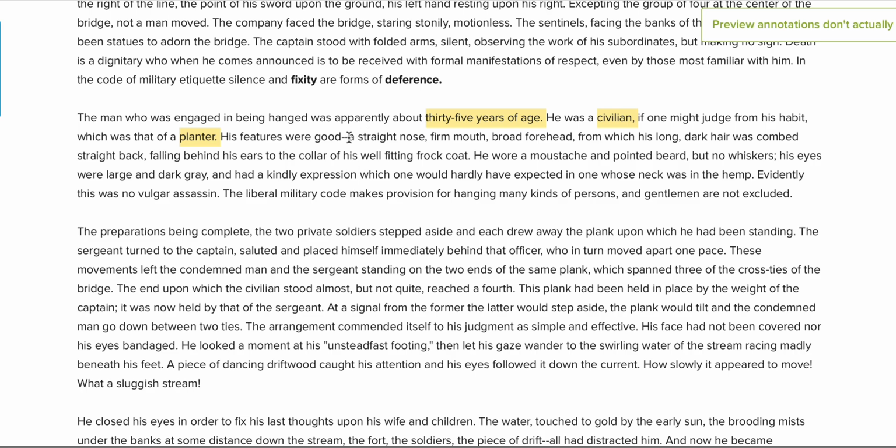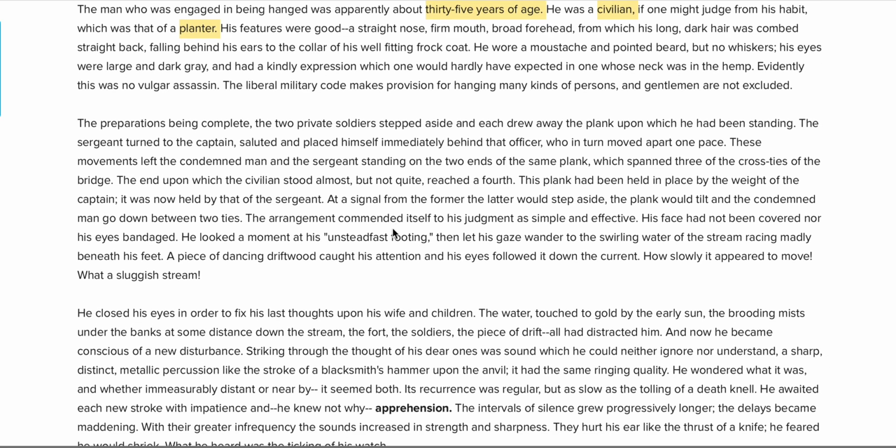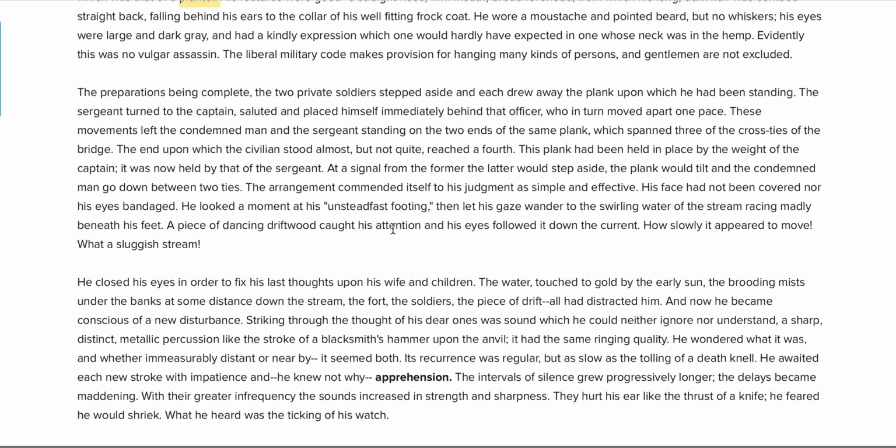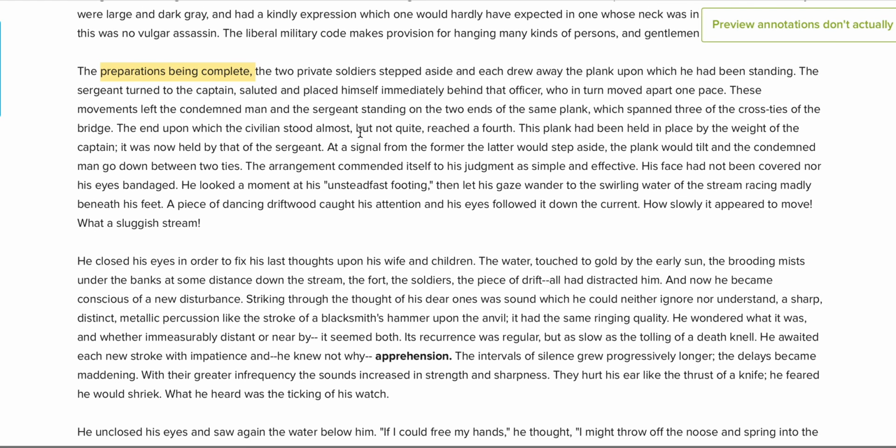And then there is a description of his features. He wore a mustache, and there are descriptive words about his nose and his forehead to show how he looked. Then the preparation was being completed. He's prepared for the execution by the soldiers and the sergeant.